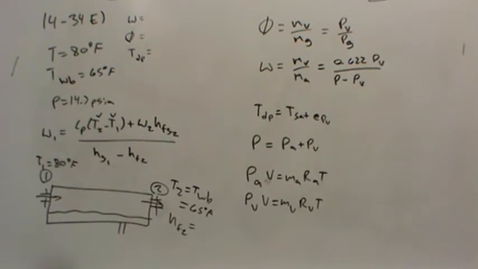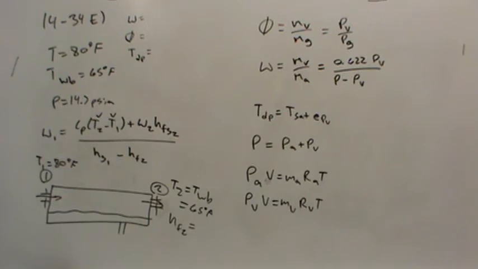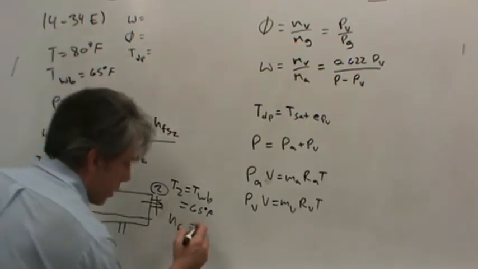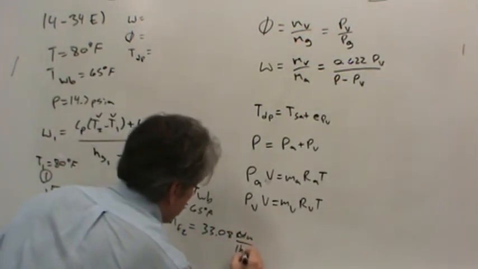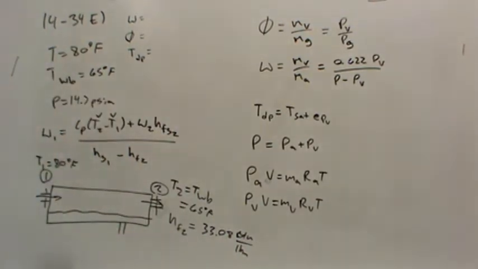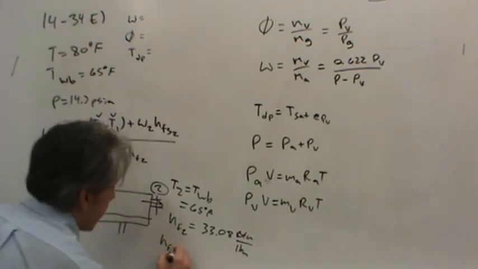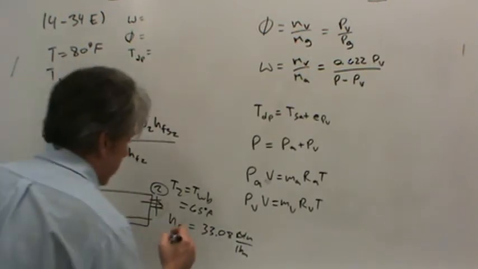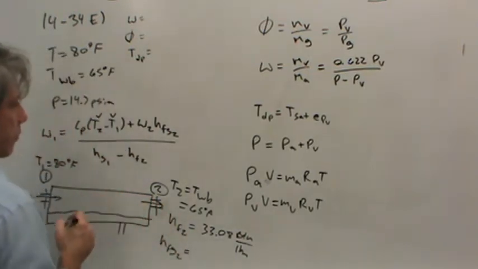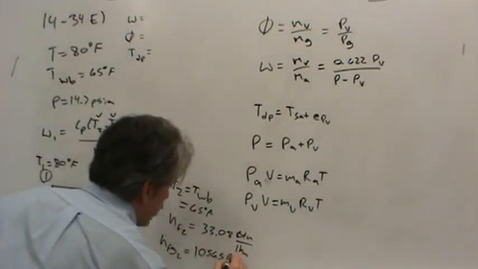Like I said, I chose this one because we should have nice round numbers where we won't have to interpolate, whereas in the metric problem we would have had to interpolate. 33.08. How much? 33.08. And that's hf at 65? Okay. Right. All right, now, while we're there, look up hfg for state 2. What do we have for that? Should be right next to it. 1056.5. 1056.5 BTUs per pound mass.